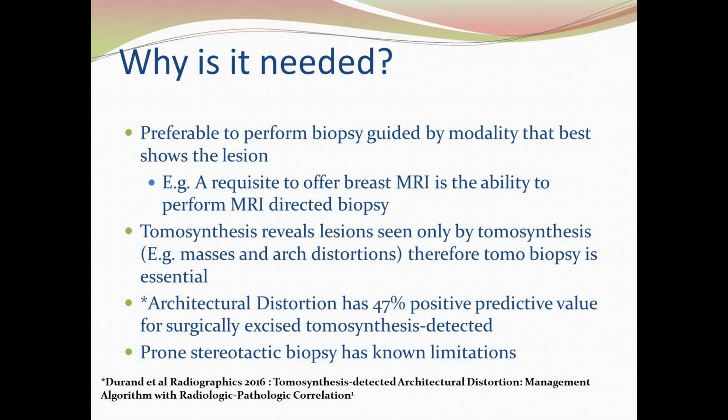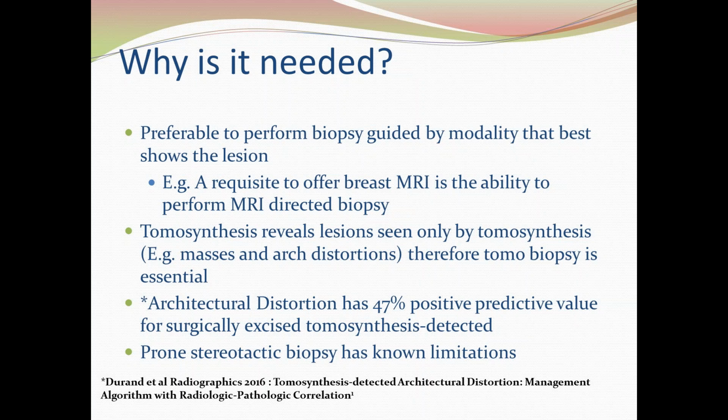And then we were in a bit of a conundrum, because how could we sample the lesion if it was indeterminate? In the beginning, when we didn't have tomosynthesis biopsy, we would do maybe an MRI, we would do an ultrasound. We had no way of doing a direct biopsy by the method that we saw the lesion. It's very analogous to what happened when we started doing breast MRI.